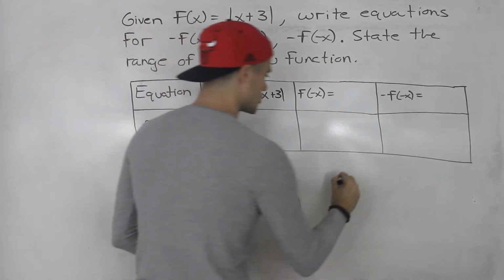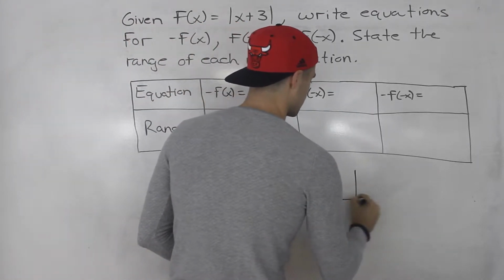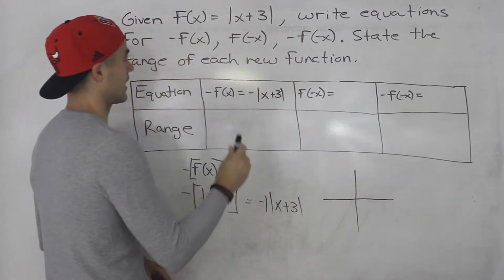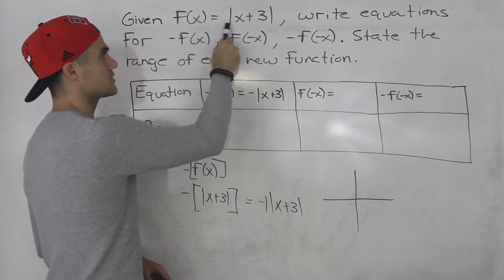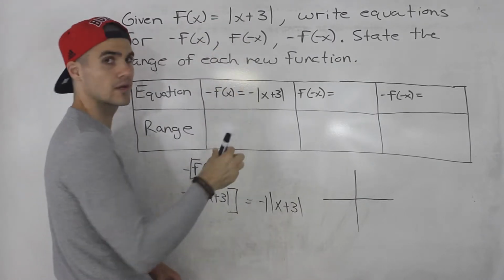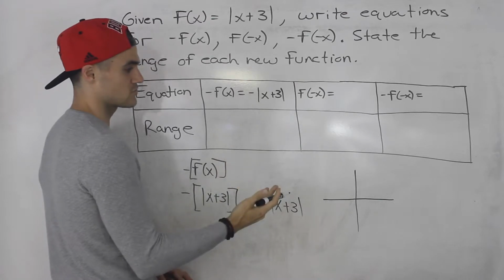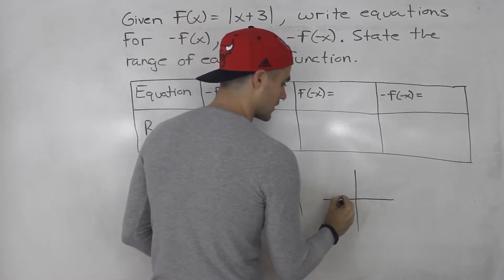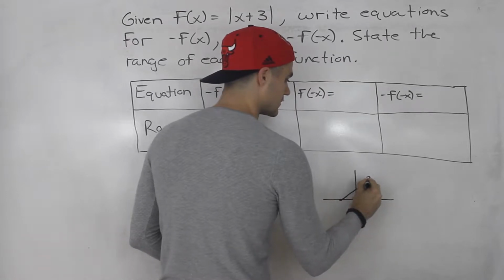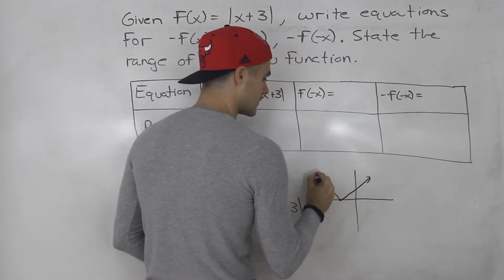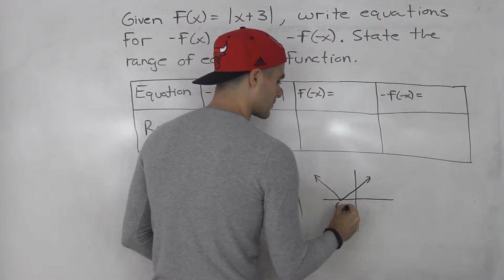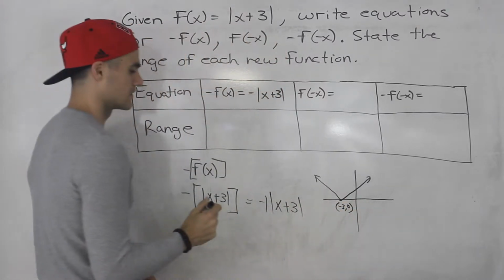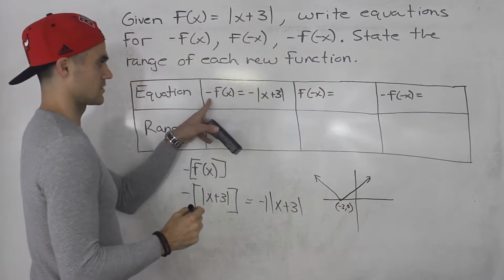And for the range, what we can do is draw out this parent function. So absolute value x plus 3 is like taking the absolute value of x and shifting it 3 to the left. So that new vertex is going to be at negative 3, 0. So what's this going to do?